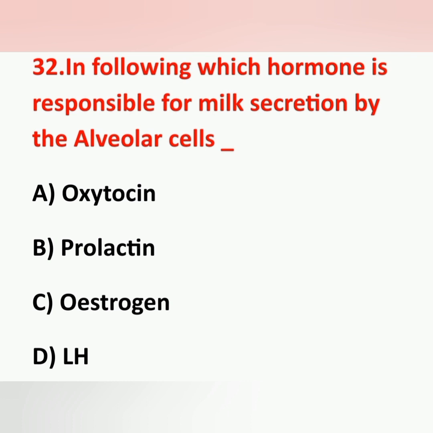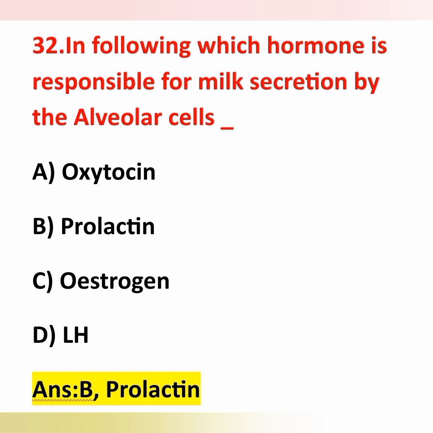Next question. Which hormone is responsible for milk secretion by the alveolar cells? Options: option A oxytocin, option B prolactin, option C estrogen, and option D LH, that is luteinizing hormone. Correct answer is option B, prolactin.